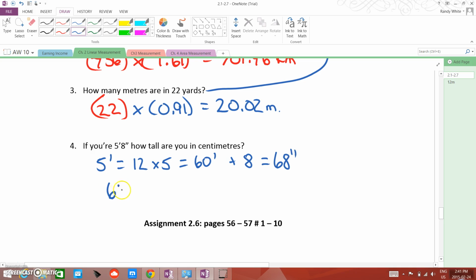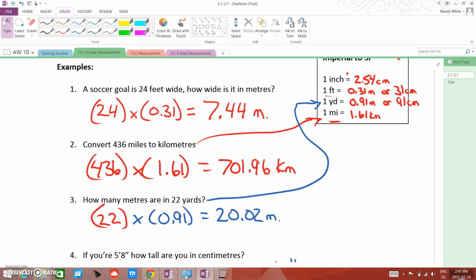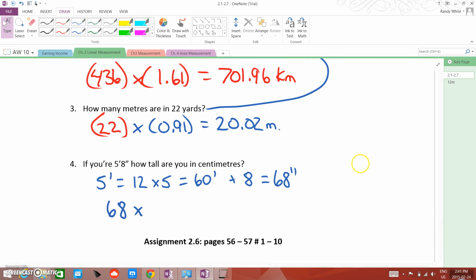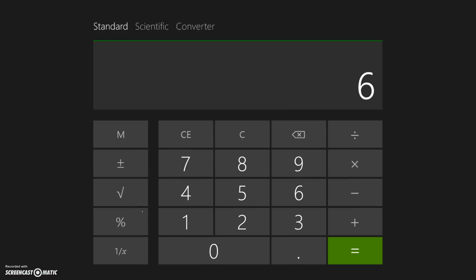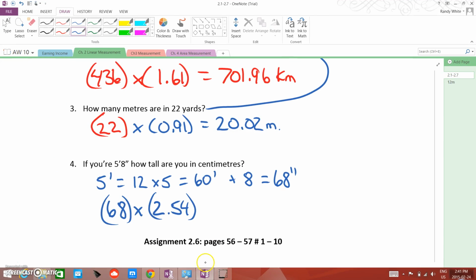So I'm going to take that 68 inches and, using our metric here, multiply that by 2.54. So 68 times 2.54 is 172.72.